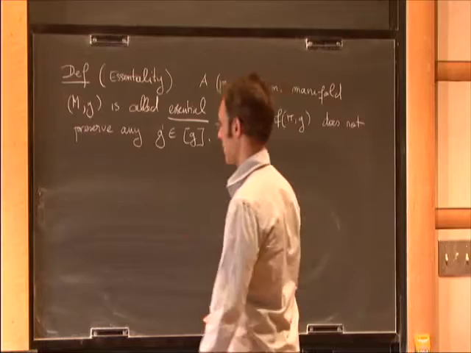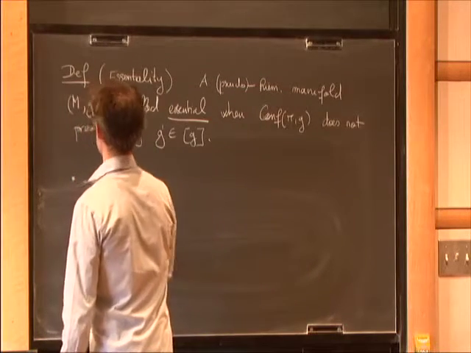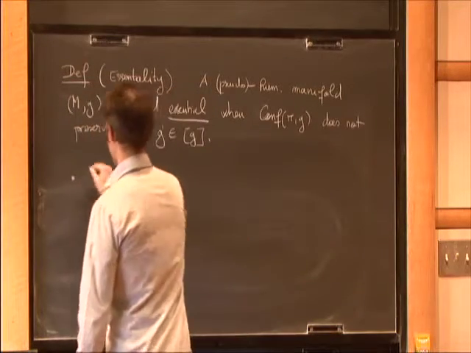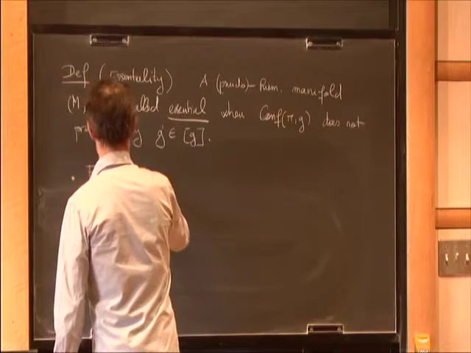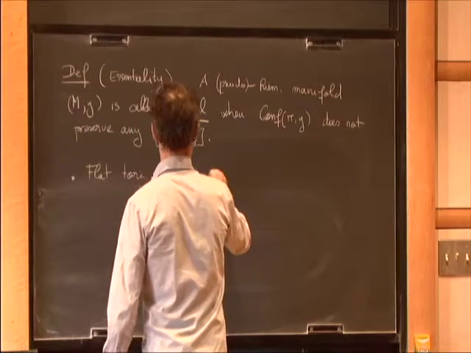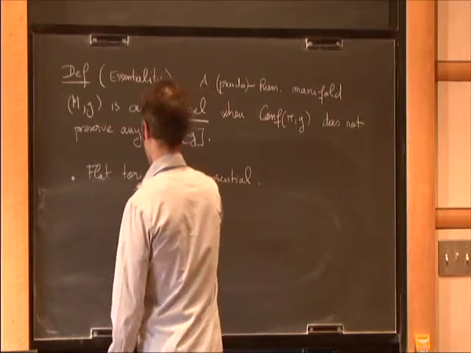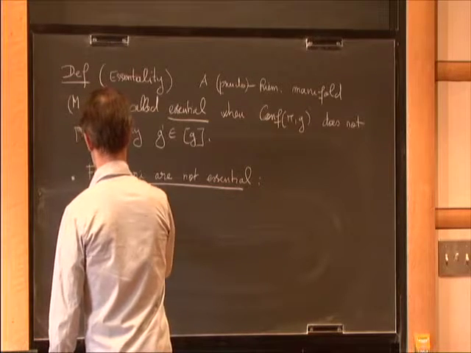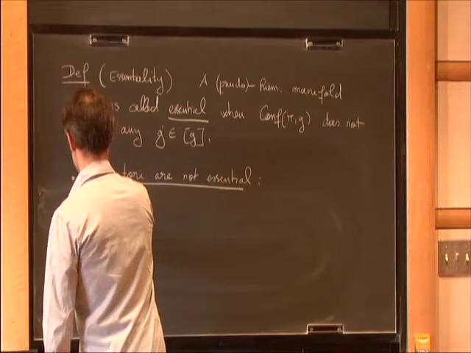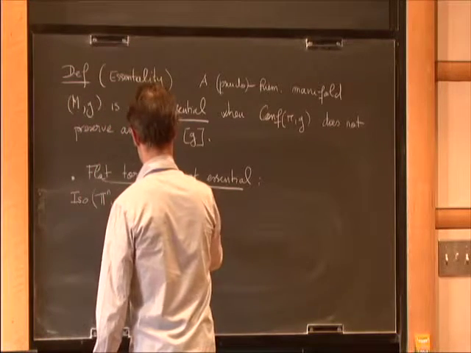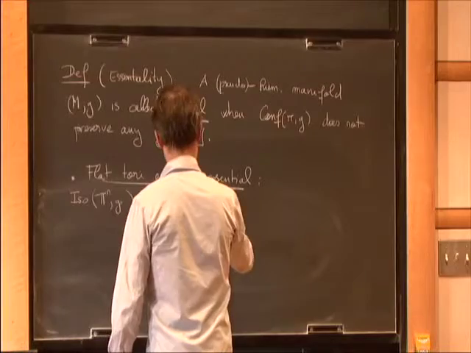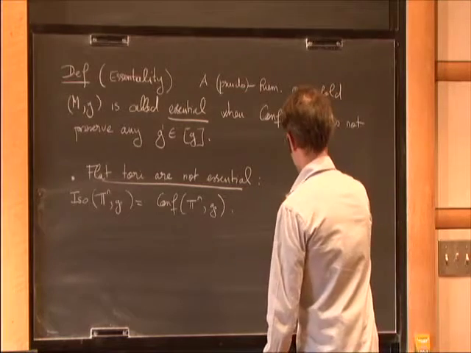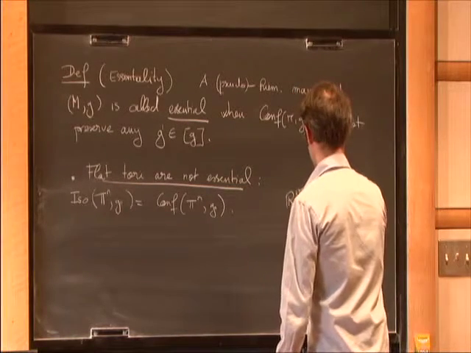So let me just make two examples. A first non-example, an inessential structure: flat tori are not essential, for instance. If you have such a torus with a flat metric g0, then actually the isometry group coincides with the conformal group. The torus is obtained as R^n over Z^n.